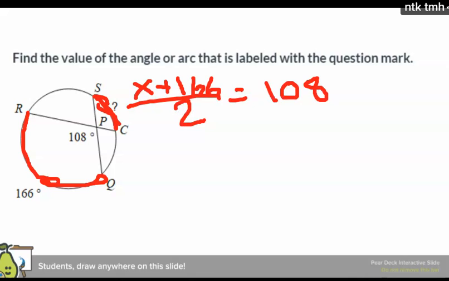I'm going to give you guys a second to solve for this and try to figure out what the right answer is.